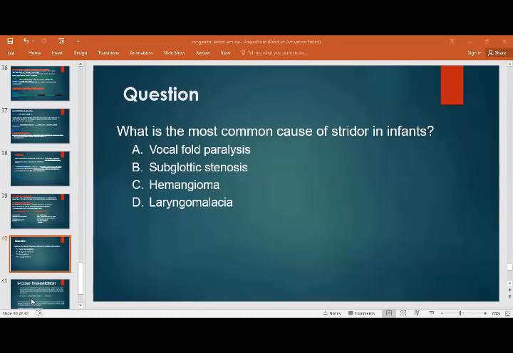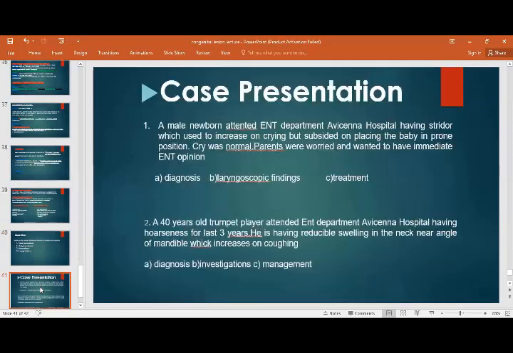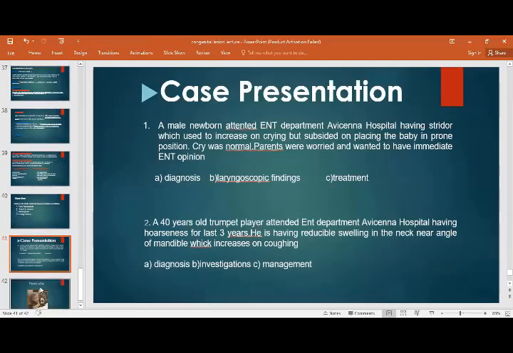The other questions are the most important questions; they could occur in your professional exams. The case presentation is a male newborn attending the ENT department at Avicenna Hospital having stridor which used to increase on crying but subsided on placing the baby in prone position. Thyroid was normal. Parents were worried and wanted an immediate ENT opinion. What is the diagnosis, findings and treatment?